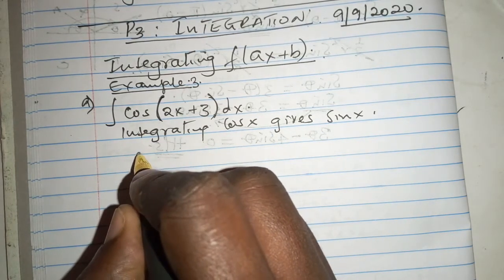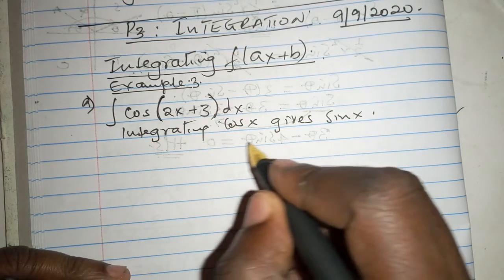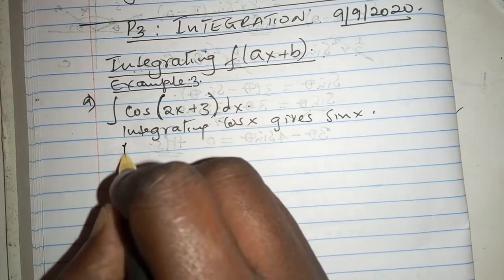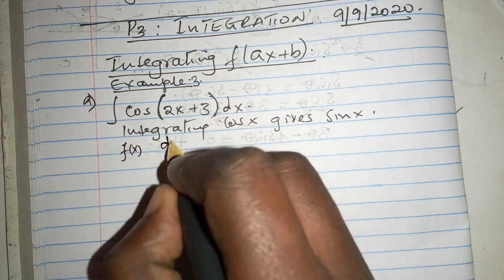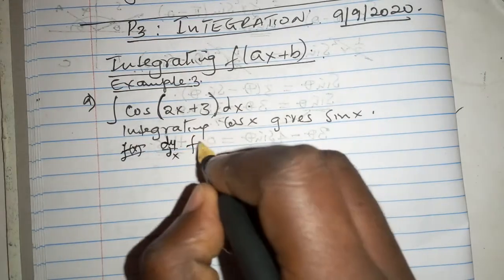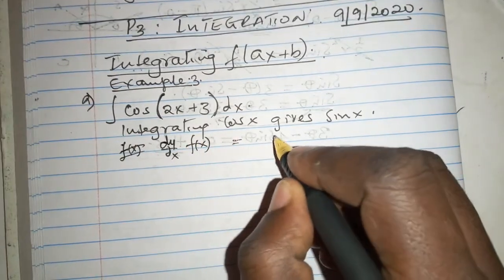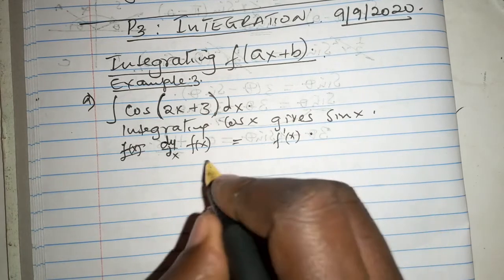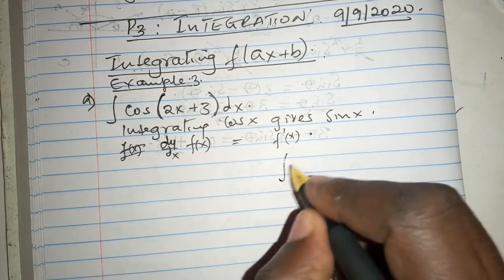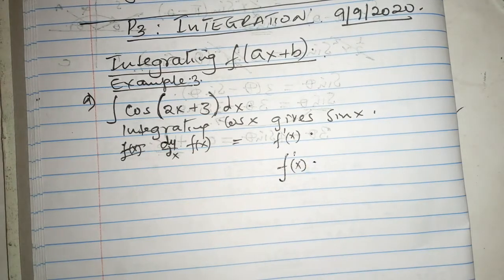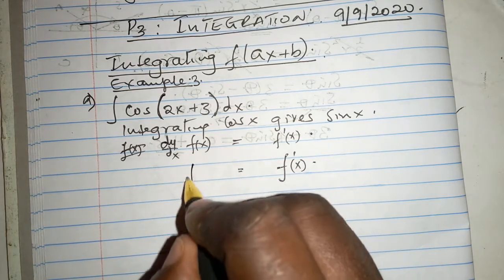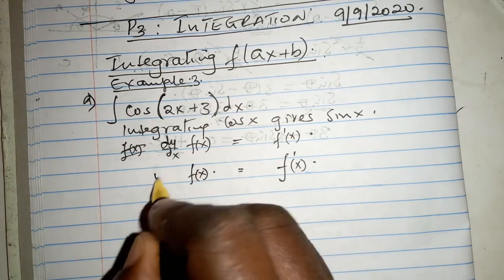When we differentiate a function f(x), dy/dx gives us the derivative of the function. This is differentiation. If we integrate the derivative of the function, it gives us f(x), which is sometimes called y.